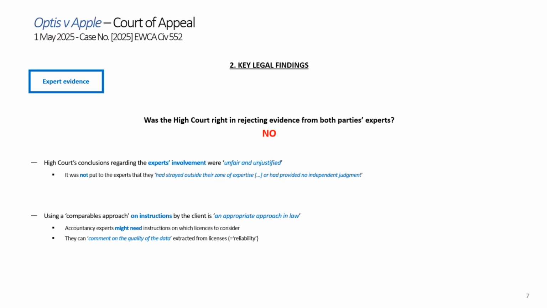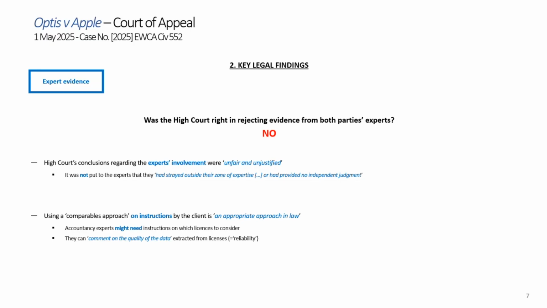And the Court of Appeal also said there was also a fundamental misunderstanding of the role of the experts. Because using a comparable approach or following the instructions of the clients was, in the eyes of the Court of Appeal, an appropriate approach in law. It had nothing problematic in this sense.